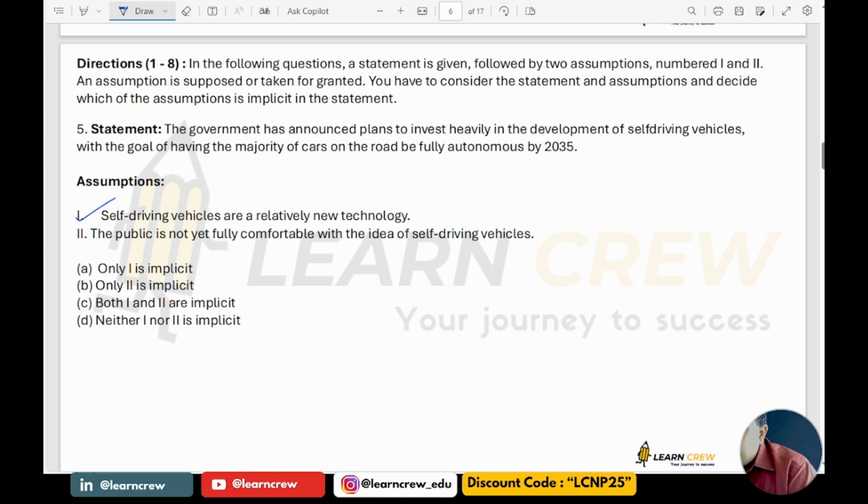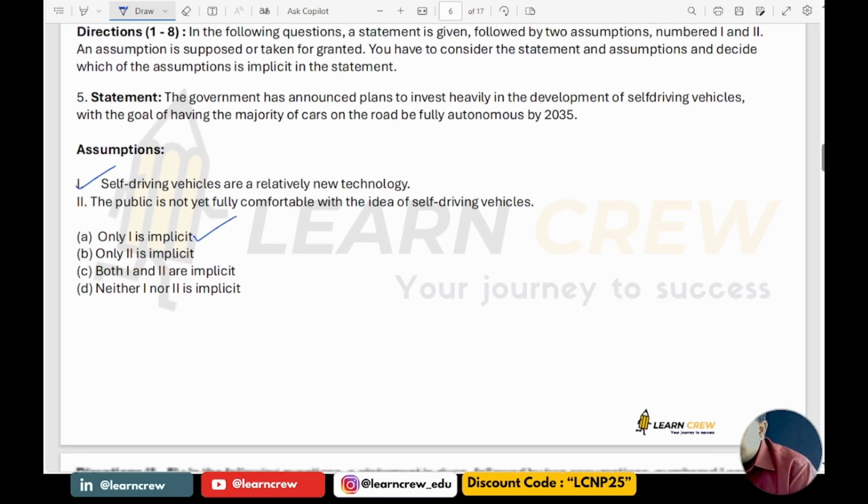While it is possible that some members of the public may not be fully comfortable with the idea, the statement does not suggest that this is a widespread concern or one that is driving the government's investment in this technology. So, as a result, assumption 2 is not implicit in the statement. So only 1 is implicit. I will go with option A.